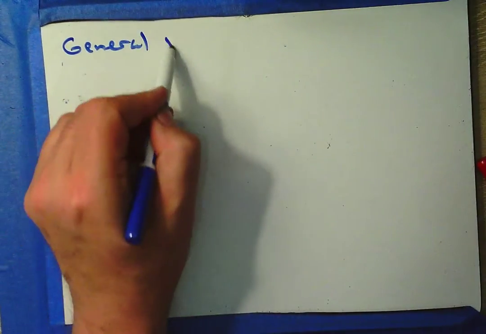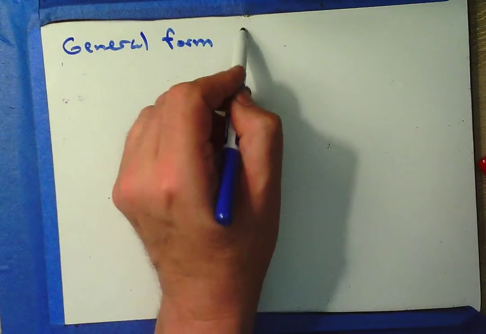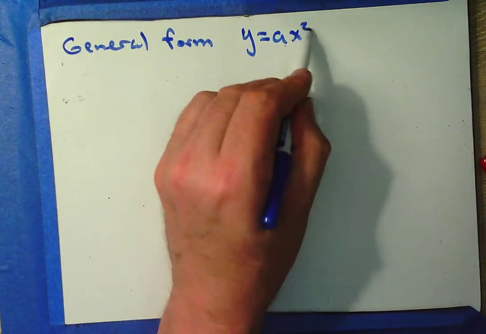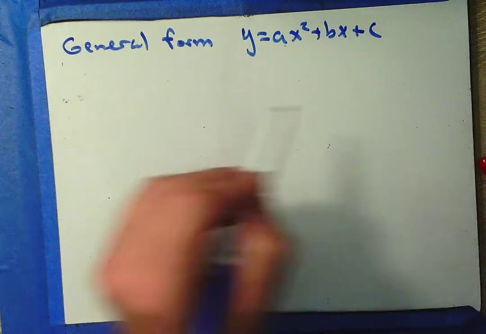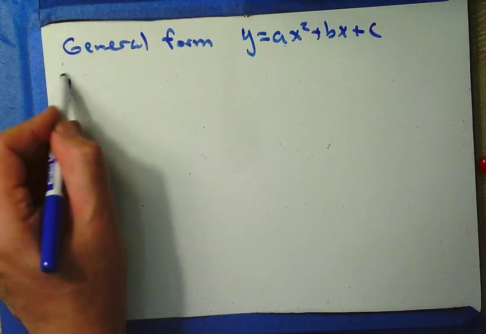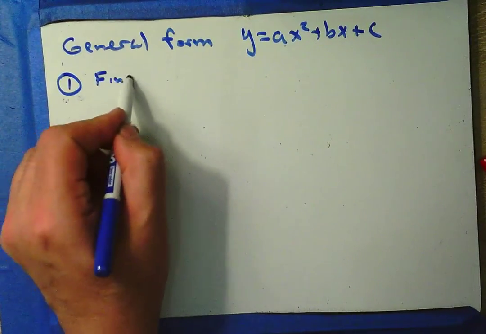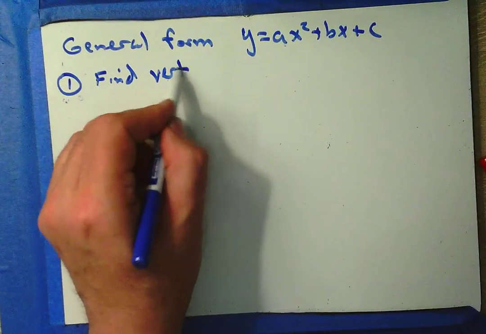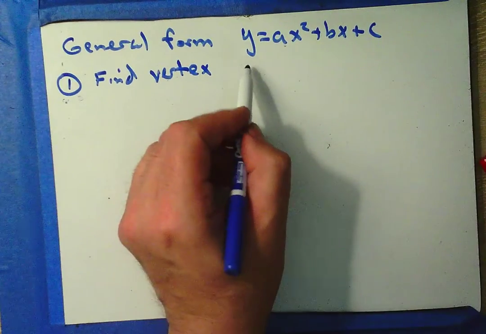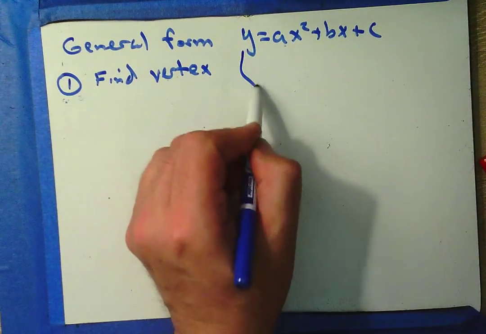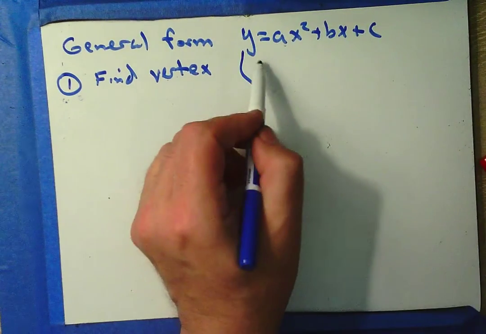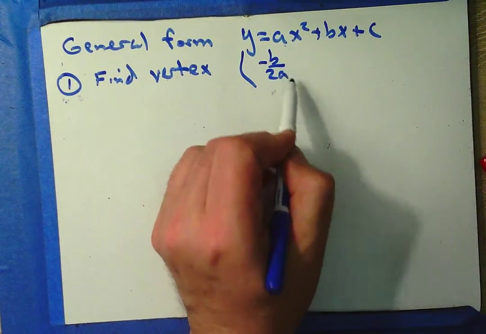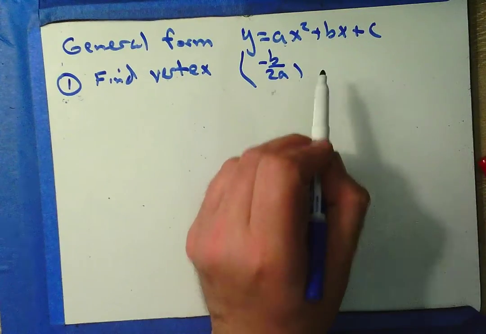From general form, y equals ax squared plus bx plus c. All right, so step one. Find the vertex. Well, we know the vertex is located at negative b over 2a, comma, how do I find the y value?